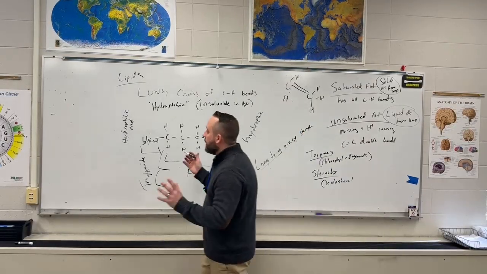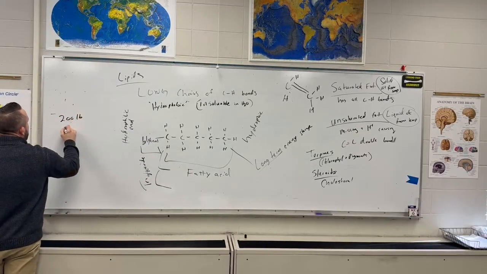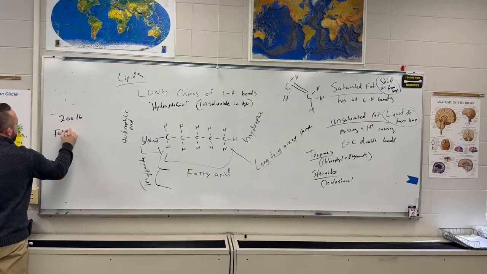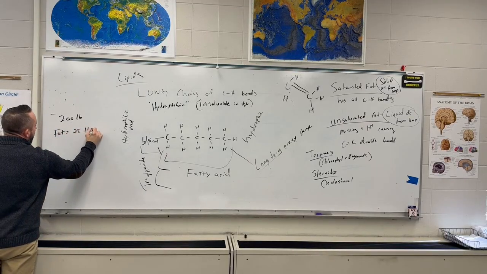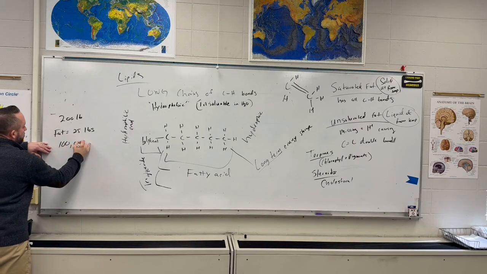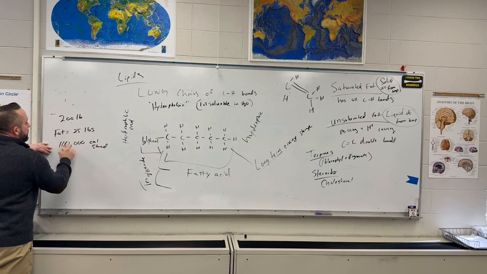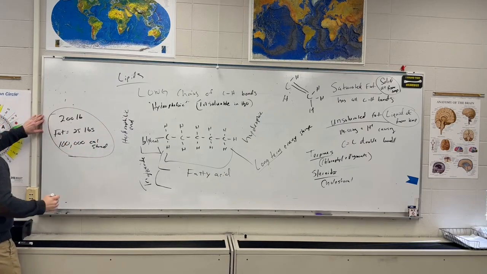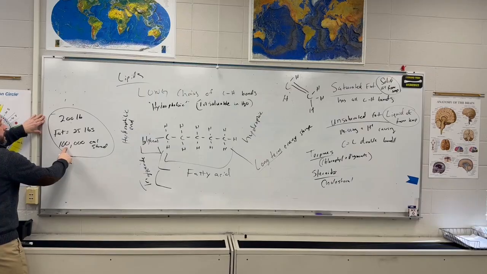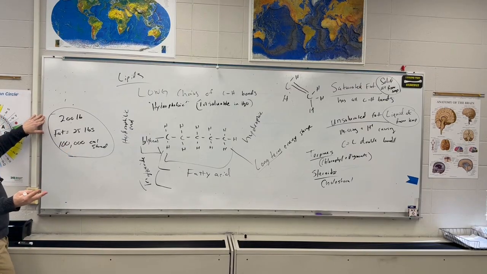So I think I can remember this math. If I'm a 200-pound man, and I typically would carry fat about 25 pounds, that's all my energy storage. That's about 100,000 calories I have stored. Okay, if I wanted to have that much calories stored in carbs, it would be almost twice as much.